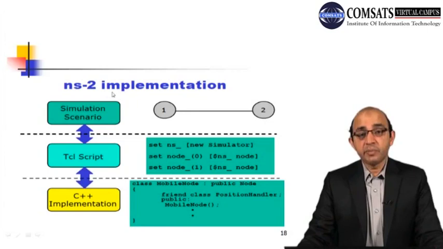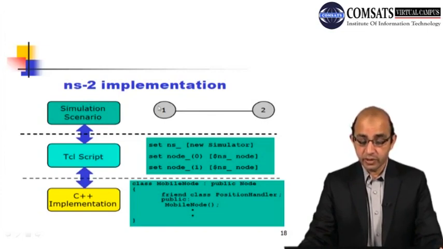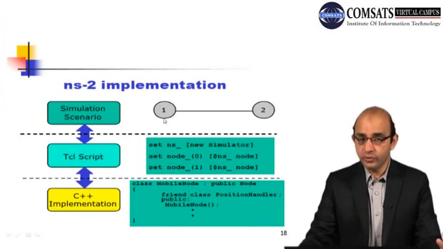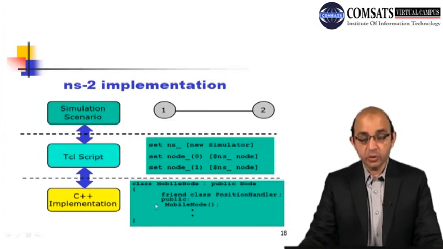Here is the implementation of NS2. We have to think about a simulation scenario. For example, we want to connect those nodes, and in between those nodes is the channel, the link. In order to simulate, we need to write a TCL script. Here you can see the TCL script. We glue different components by using TCL, and here is the core, the actual implementation.